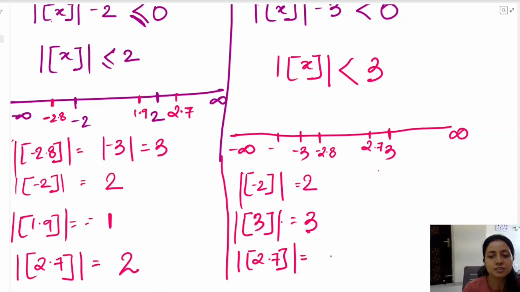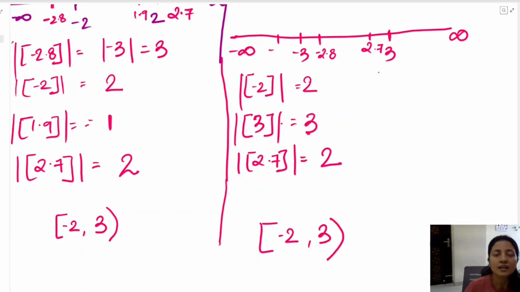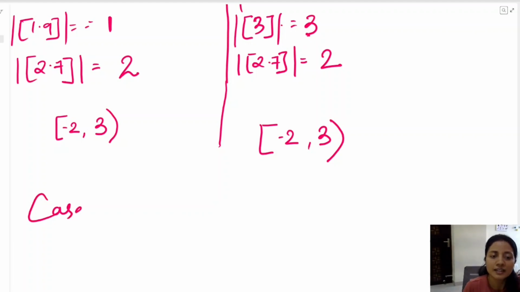Now this will give us 2, and yeah, this is satisfying our inequality. So here as well, the solution region will start from negative 2 and go till positive 3. Since we have to take the intersection of these two cases, and we can clearly see these two cases are exactly the same, from case 2 we are getting this final solution: the solution region will start from -2 and go to 3.